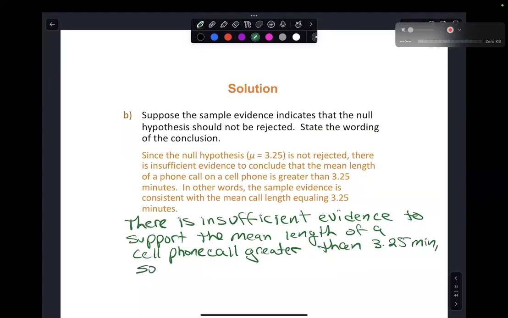So we fail to reject the null hypothesis.